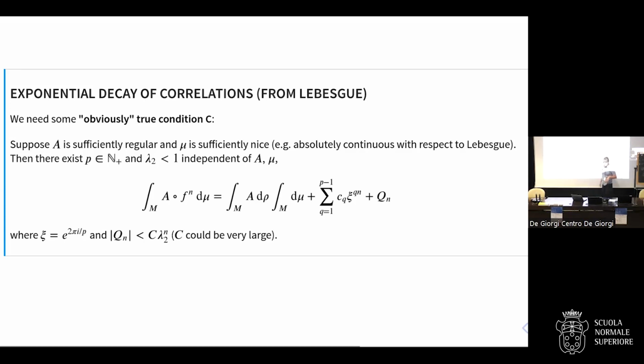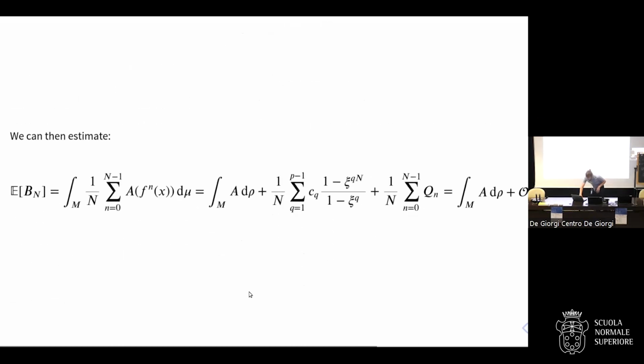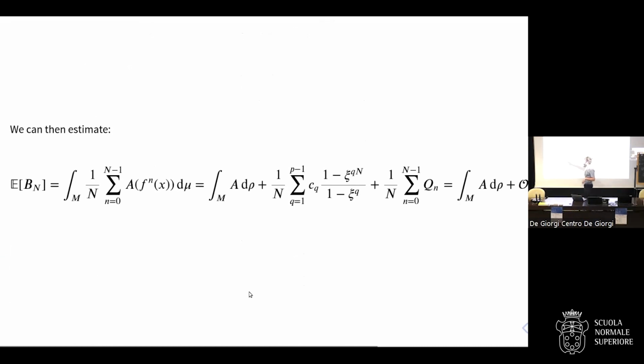Yeah. And in fact, if we use this, we can actually estimate the expectation of this for finite n. If you swap the summation and the integral, you can use the previous thing to see that the first bit we get is 1 on n times the sum of this integral, which is the same always.